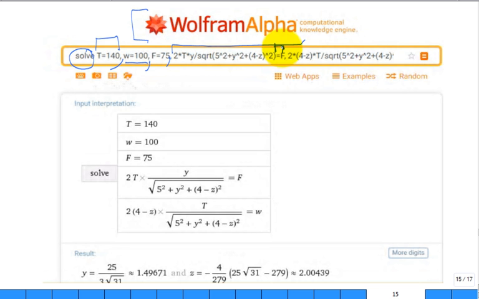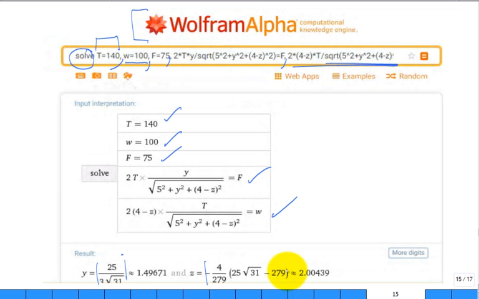All of that is my equation for one of the balance equations. And then this one, comma, is the other one. And then it goes back and says, is this what you intended to solve? And if it is, here's your solution for Y. By the way, it worked it out analytically to something like 25 divided by 3 square root of 31.